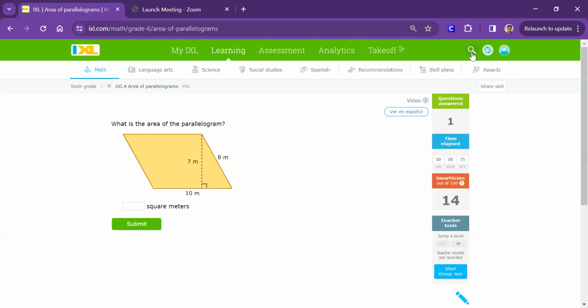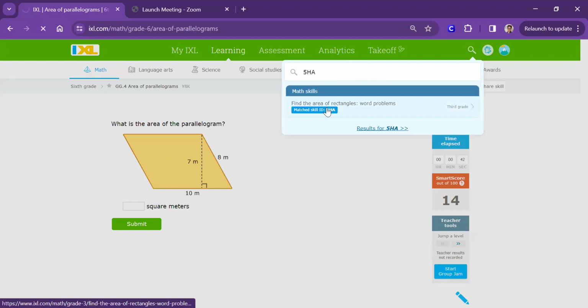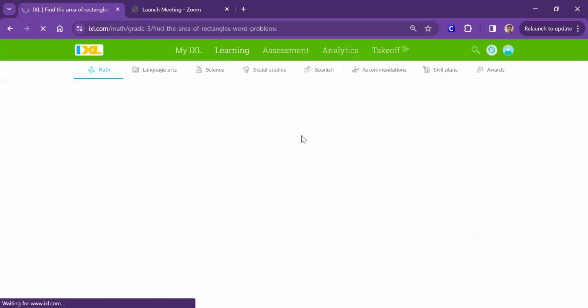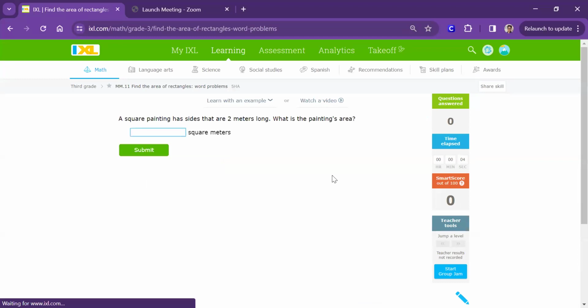The third one is 5HA. And that is finding the area of rectangles, word problems. A square painting has sides that are 2 meters long. What is the painting's area?